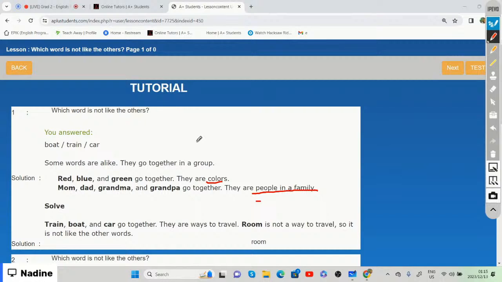We have boat, we have train, and we have car. So you're the one to know which word is not like the others. We have boat, train, and car.